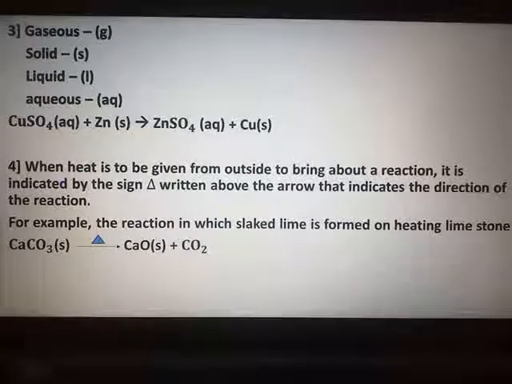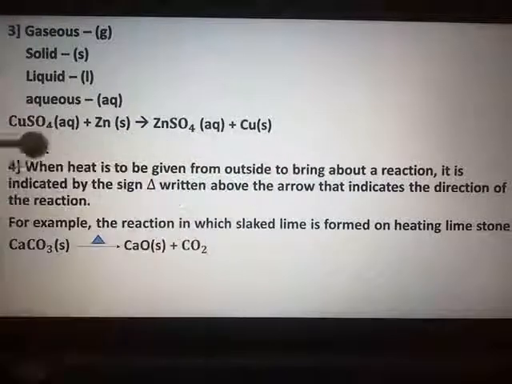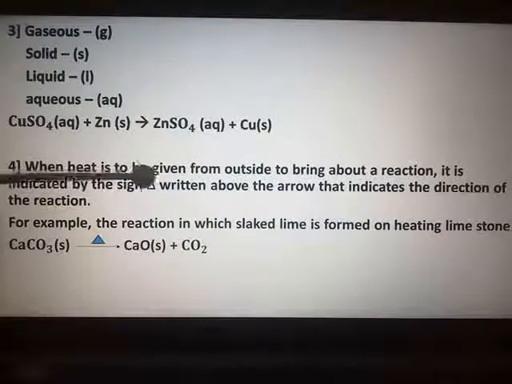Next, when heat is to be given from outside to bring about a reaction, it is indicated by a triangle written above the arrow that indicates the direction of the reaction. Just now you have seen in the very first example, ice getting transformed into water. You have to provide heat, you have to heat ice.